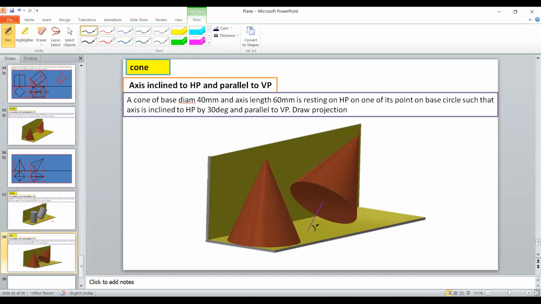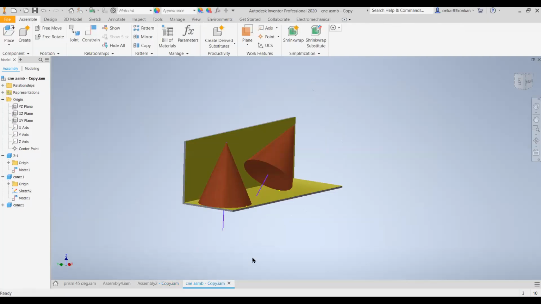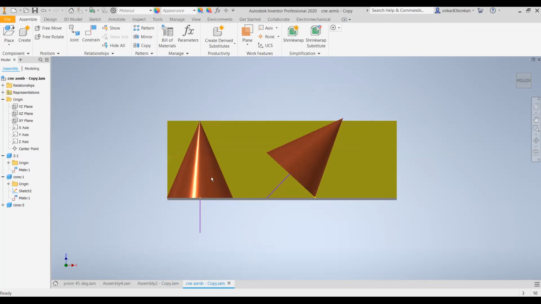So this angle is 30 degrees, and this base will be inclined at 60 degrees. You can observe here in 3 dimensions. This is the first stage where the axis is perpendicular to the horizontal plane and parallel to the vertical plane.